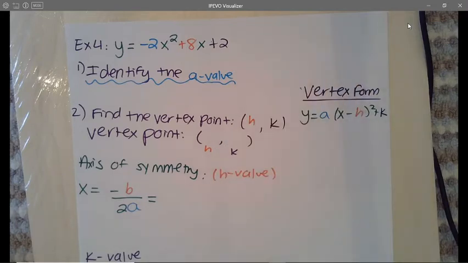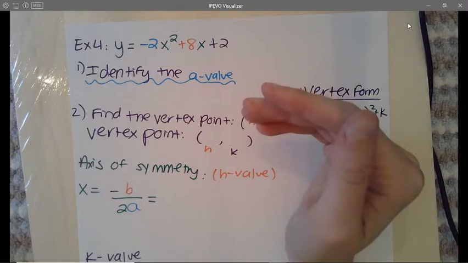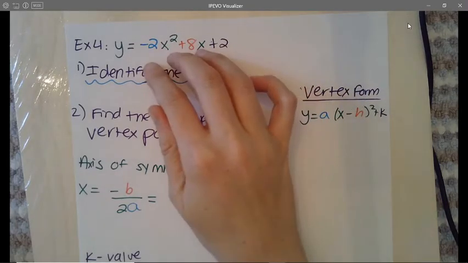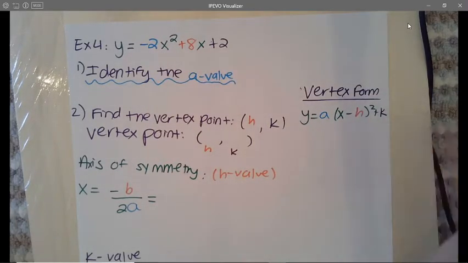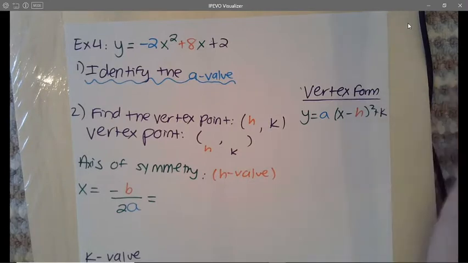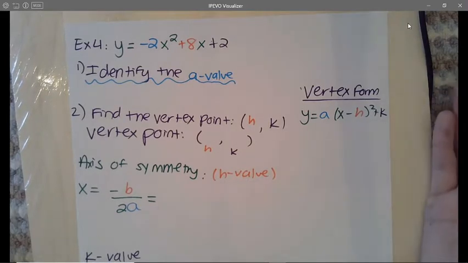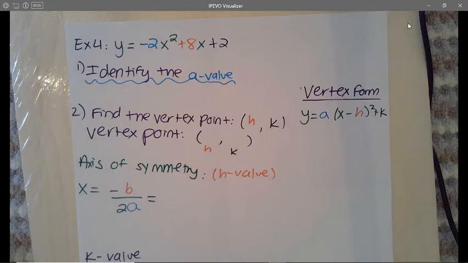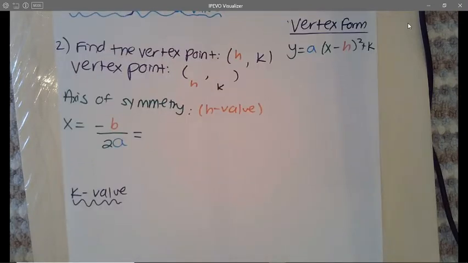Okay, so again, one way you can get from standard form of a quadratic to vertex form is by completing the square. I've already taught you how to do that. Now, in example 1 and 2, I taught you how to find your vertex point using our axis of symmetry equation.